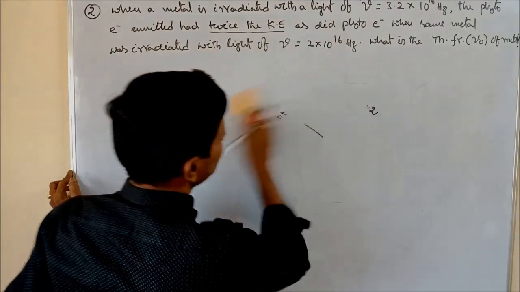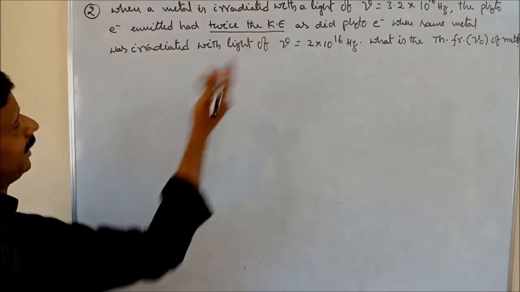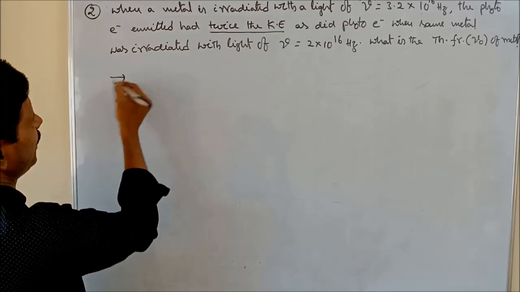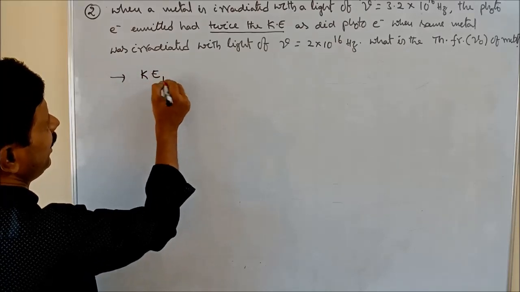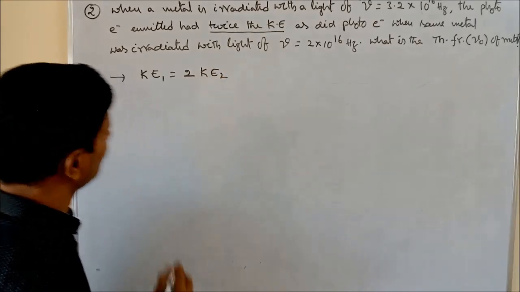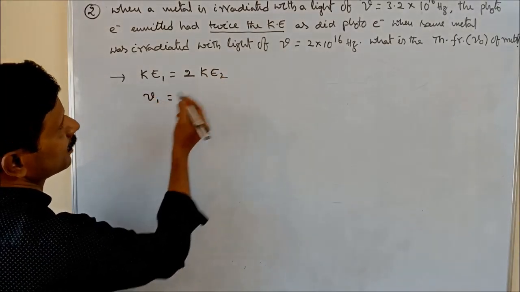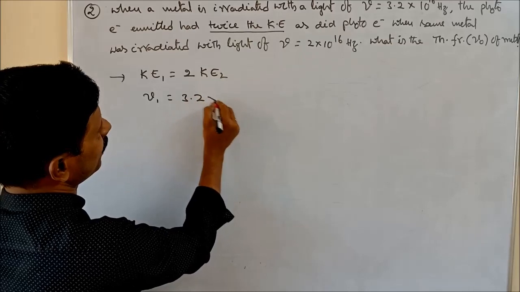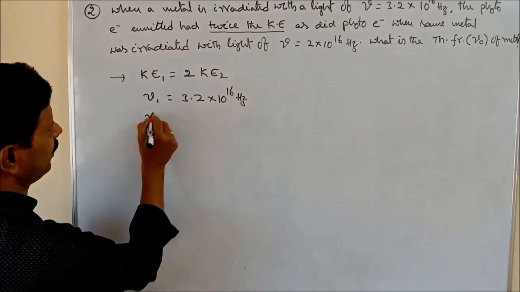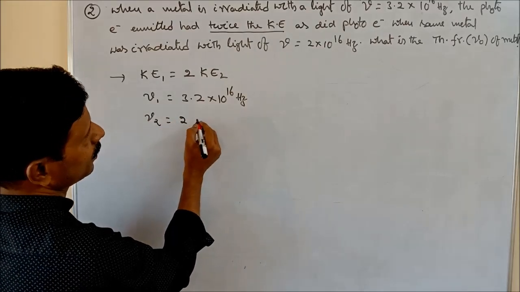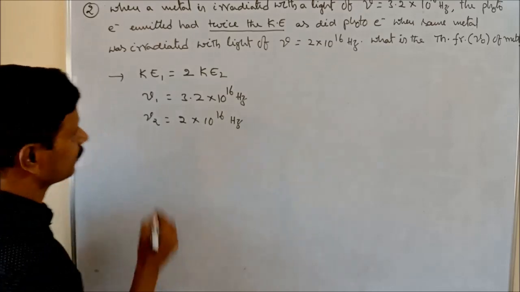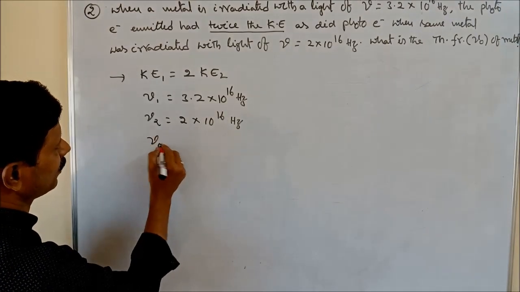As per the data, the relation they mentioned is Ke1 equal to 2Ke2, and nu1 is equal to 3.2 into 10 power 16 hertz, and nu2 is 2 into 10 power 16 hertz. So here you have to find out nu0.